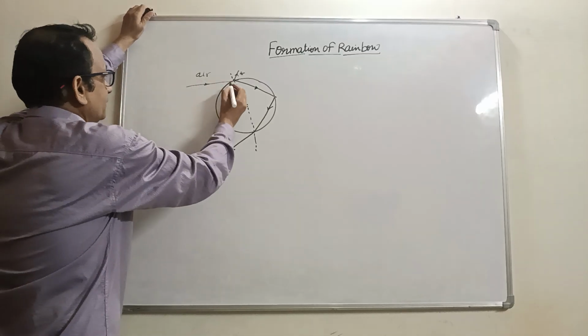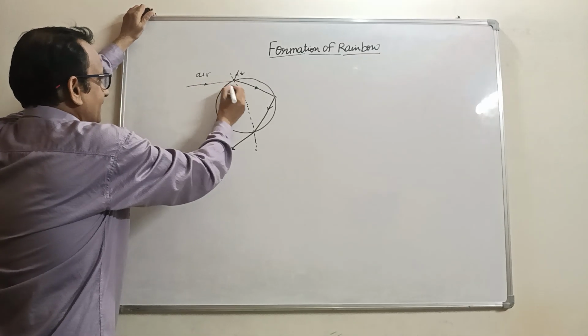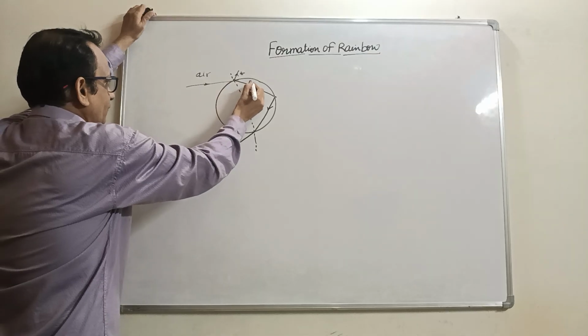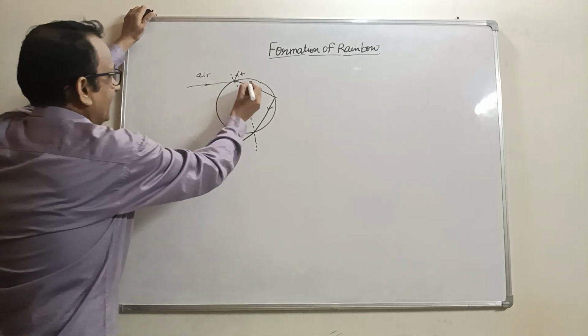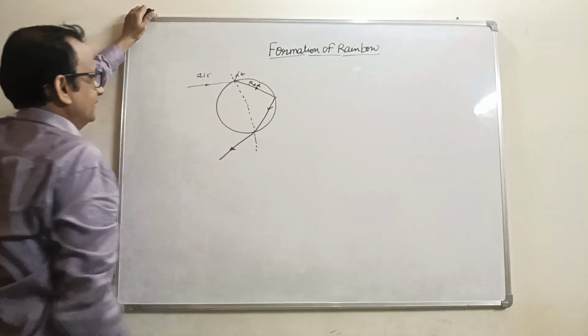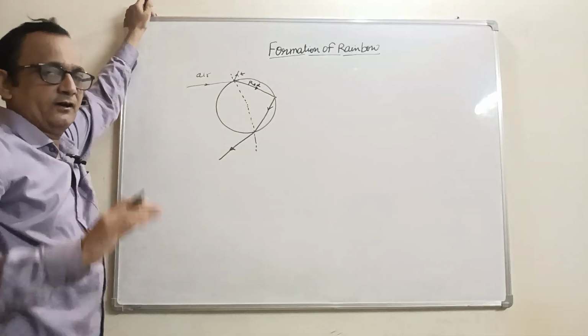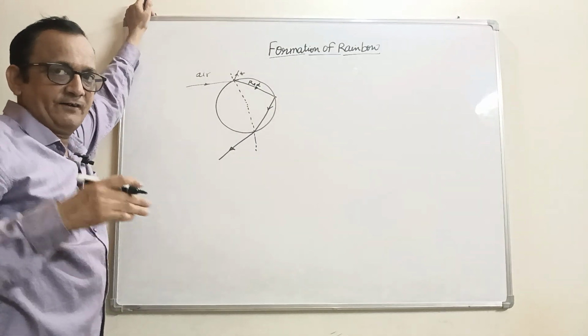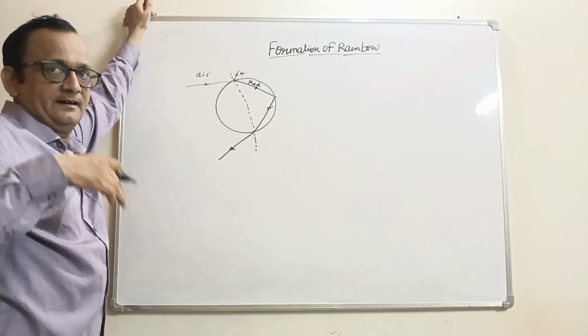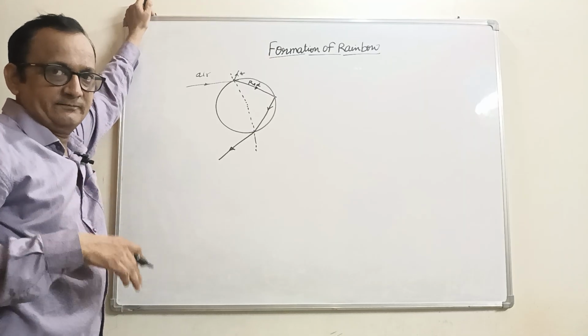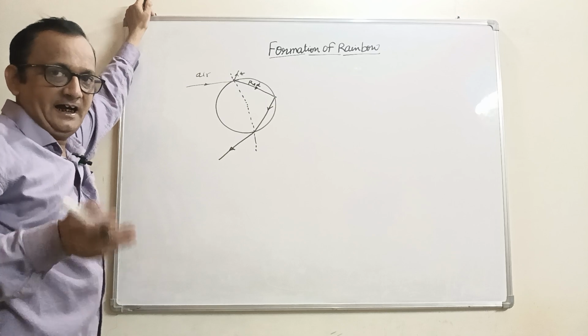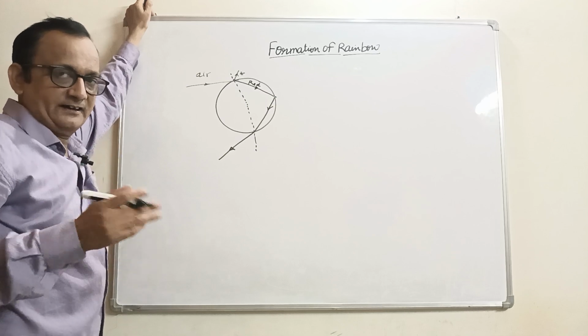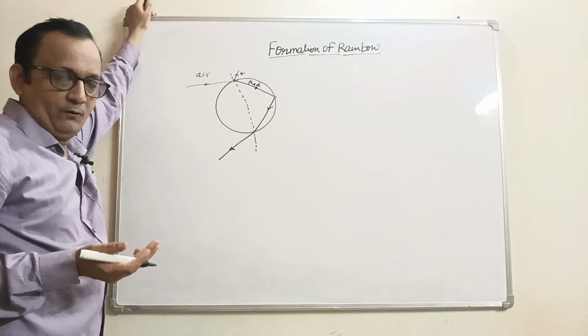Suppose this is the white ray, and this is the pattern for the red ray. We know for the violet ray the refractive index is more, the wavelength is least, and scattering is more.